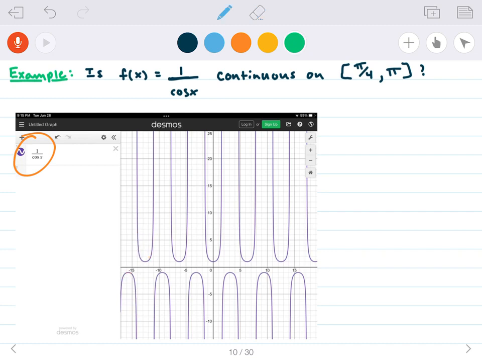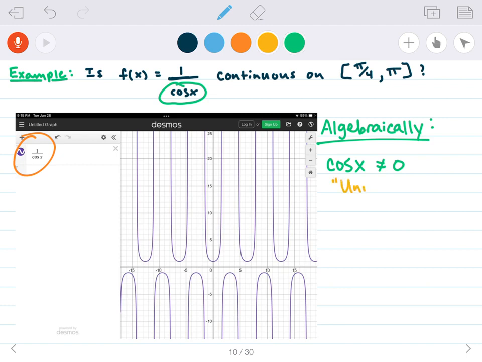But what we want to do is see what our excluded x values are. So we take our denominator. Let's do it algebraically first, and then we'll look at it graphically. Algebraically, cosine x better not be 0. Can't have the denominator equaling 0. And guys, unit circle, it's back to haunt you.